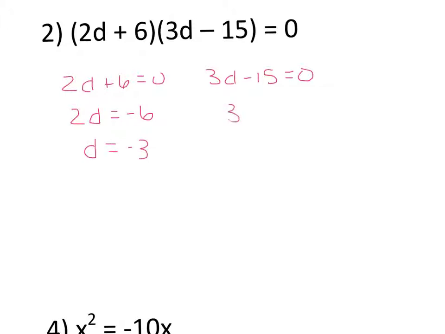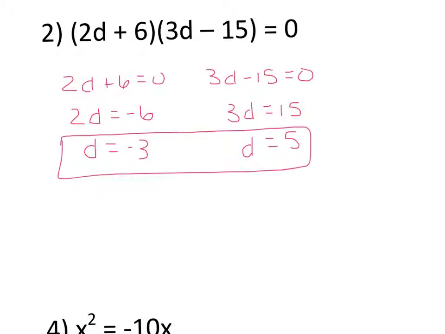On this one I'm going to add that 15 to the other side, then I'm going to divide by 3 and get d equals 5. And so my solution here will be negative 3 and 5. So realize we talked yesterday with Noel and Ryan, and you did your graphs, and that this is saying it's going to cross at negative 3 and it's going to be crossing at 5.